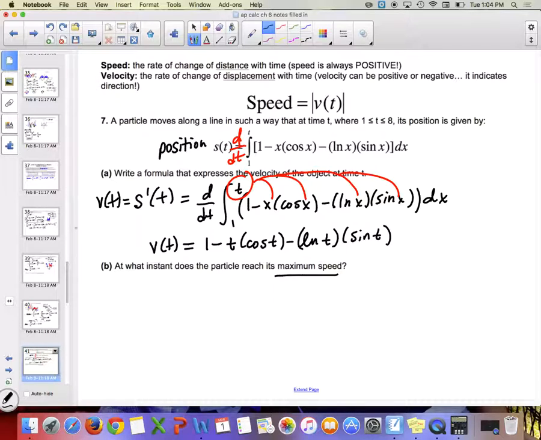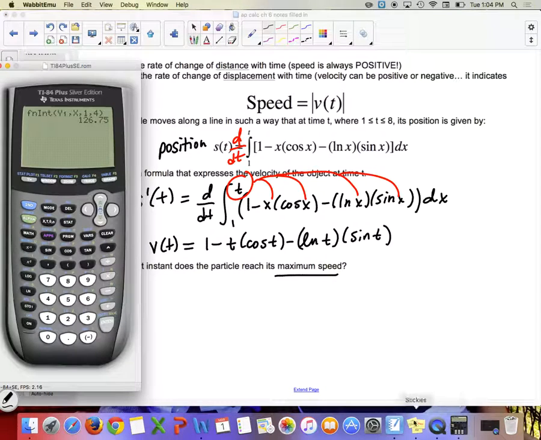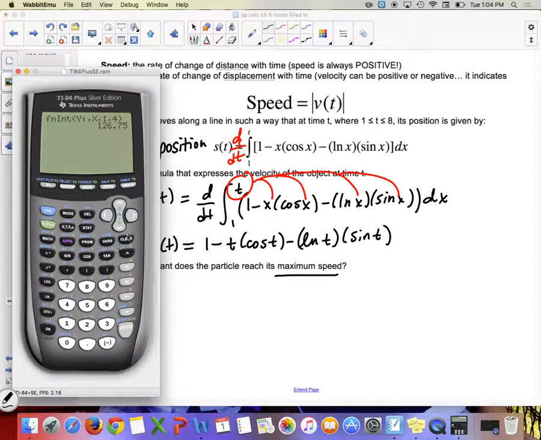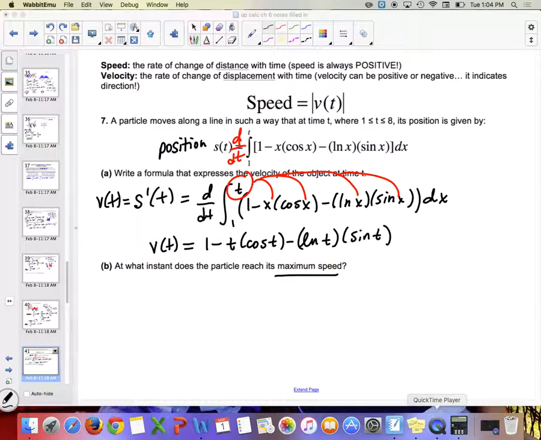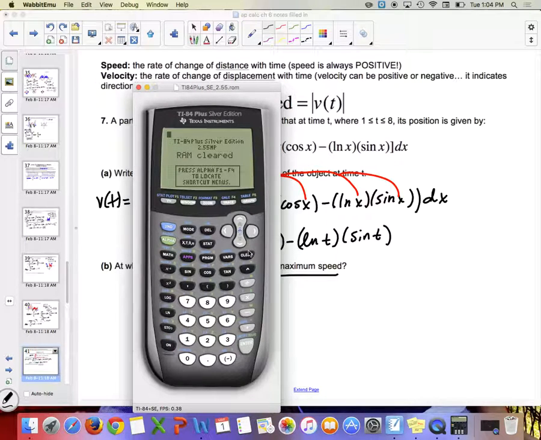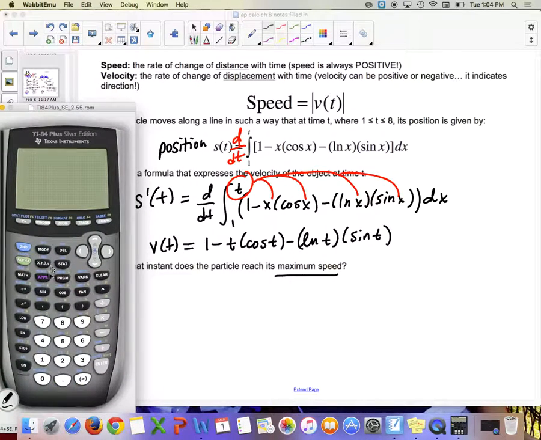Okay, so you're going to go into your calculator. I'll do it along with you, so everybody do this with me. Of course, it's not clearing. Okay, it's not doing anything. Great. We'll use another one. All right, we're going to put this in for y1, but we're going to go ahead and put in the absolute values.